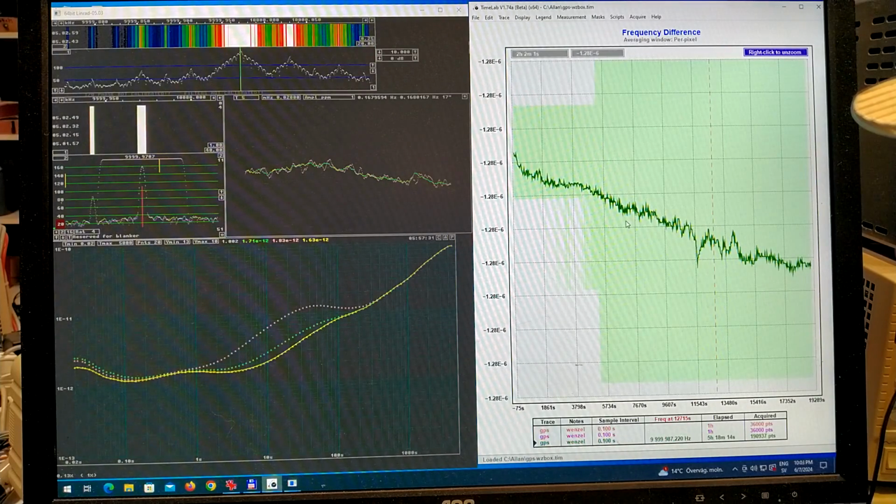Here is frequency versus time for the latest measurement with the vent cell in the box in the other room. And this is 5 hours, and one division.